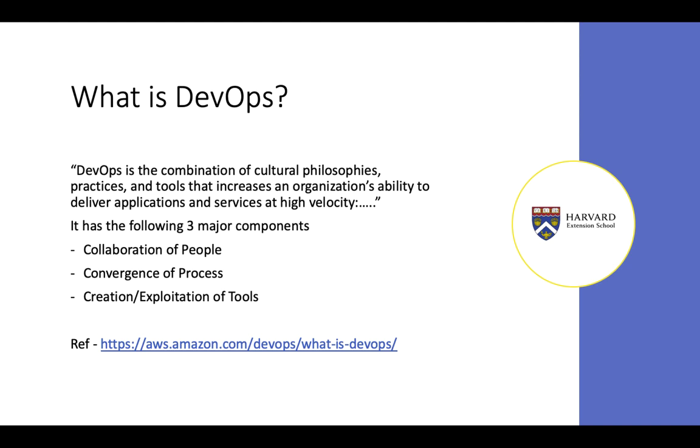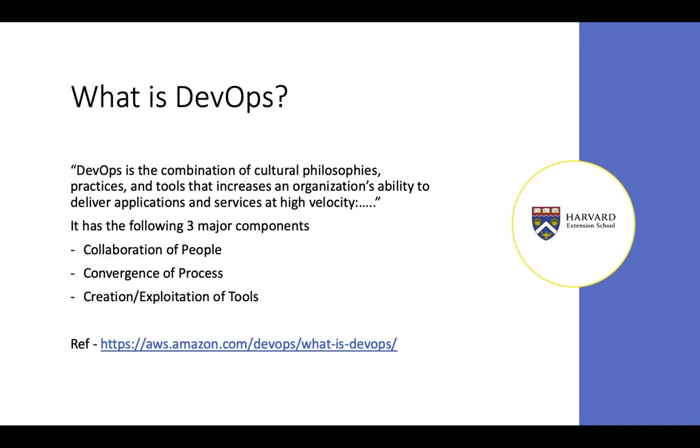So what is DevOps? DevOps, as we all know, is a developer operations combination which is going to leverage various tools, technologies, and philosophies. The main objective is to automate the processes and implement the solutions in a consistent manner.